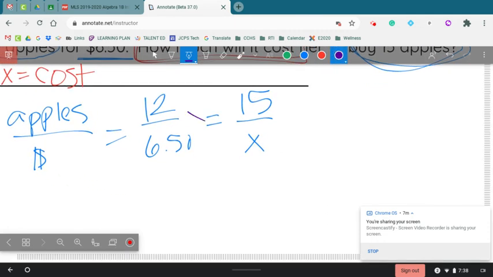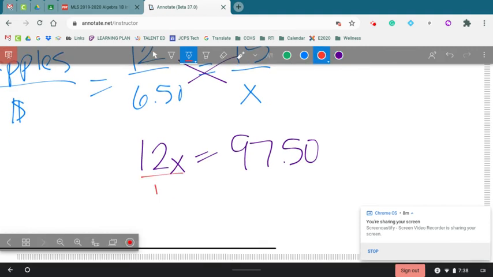Then I'm going to cross multiply. So I'm going to get 12X equals $6.50 times 15. It's going to give you $97.50. Divide both sides by 12. X is going to equal, oh, that's going to give you a nasty decimal.